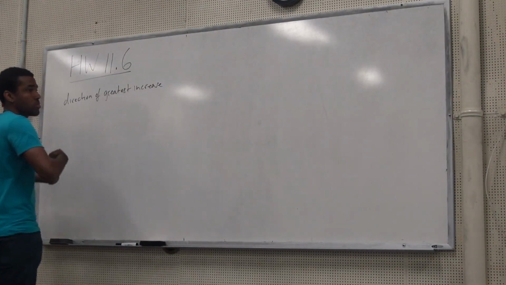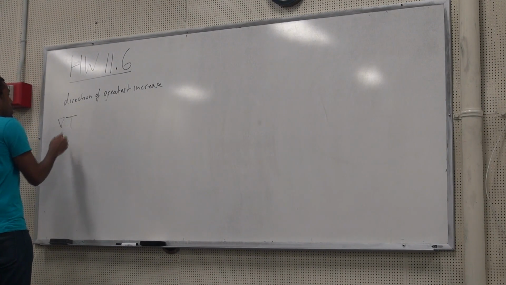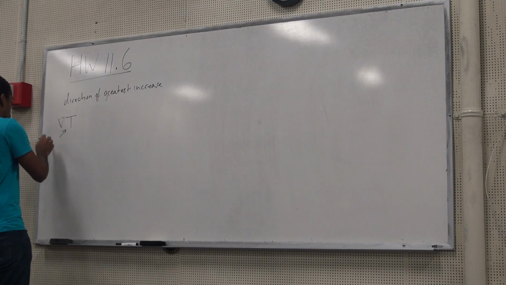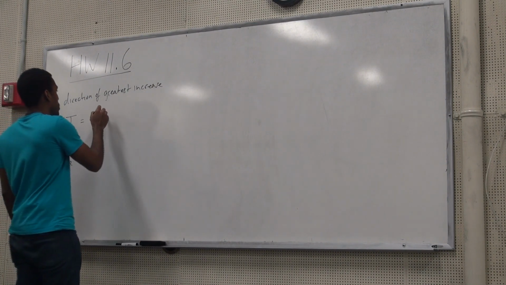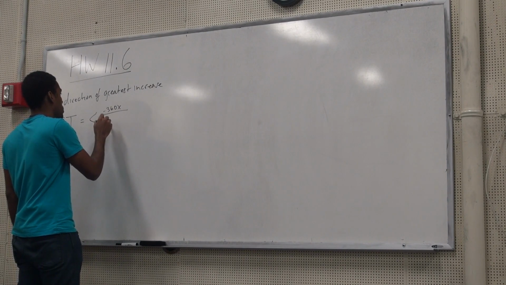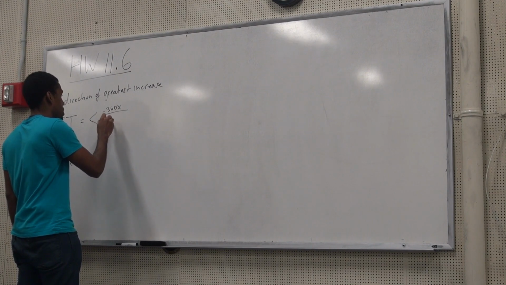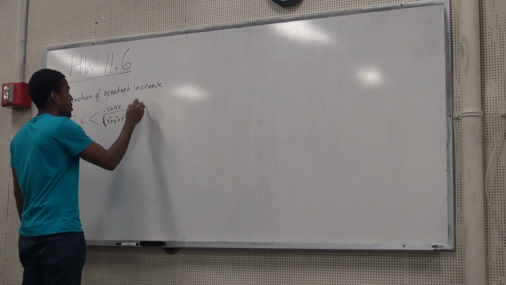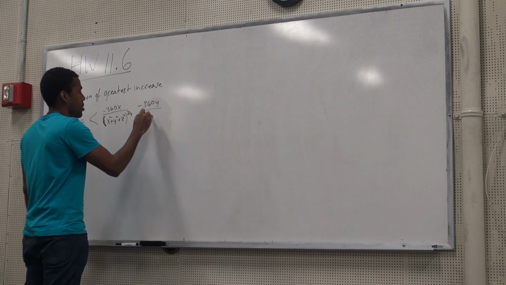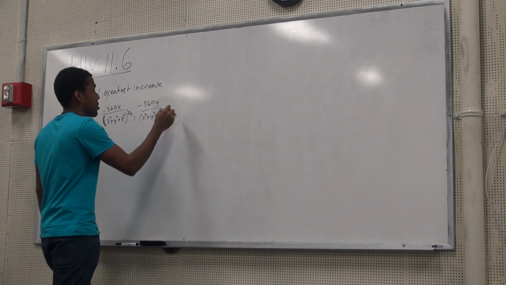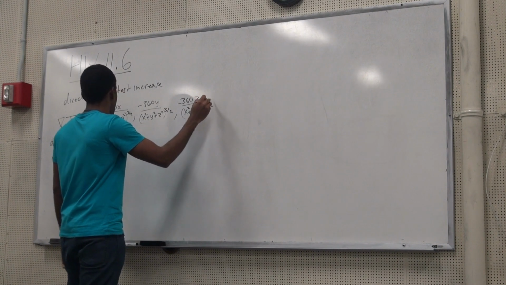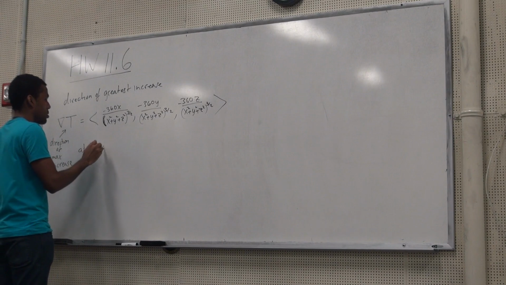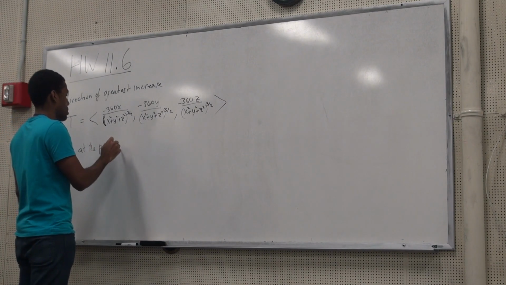Remember the direction of greatest increase is given by the gradient of T, which we already found: minus 360x over that, at the point, let's say a, b, c.